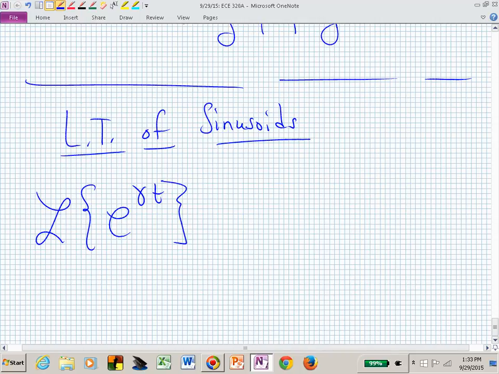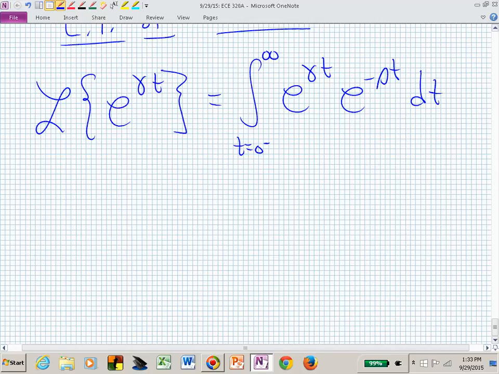But right now, let's just make it a variable gamma. What's the definition of the Laplace transform? We integrate over time from 0 minus to infinity. The waveform that we're trying to Laplace transform, in this case, that's e to the gamma t. We weight that by this complex exponential, e to the minus st, and integrate with respect to time.